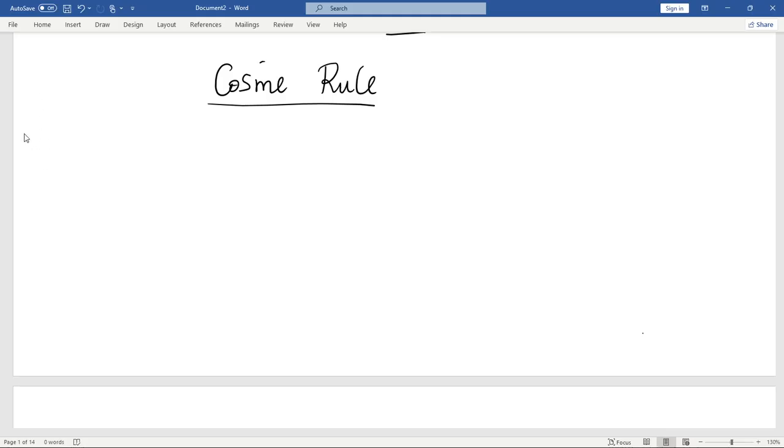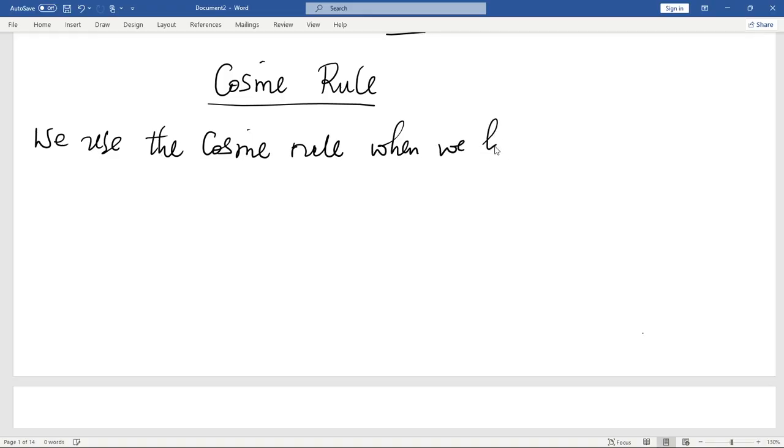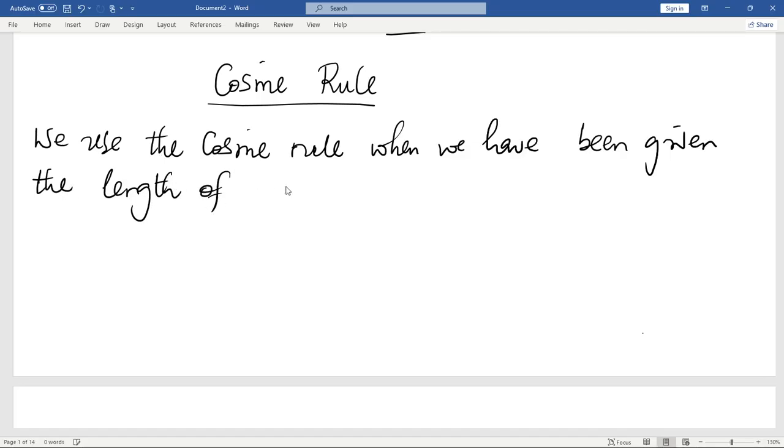So here we can write that we use the cosine rule when we have been given the length of two sides and the size of the angle between them.